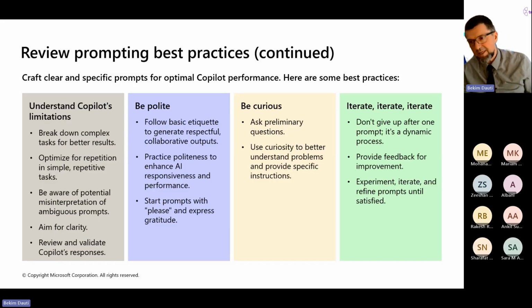So that is something we should understand: Copilot's limitations from the perspective of the features, but also from the perspective of the data. For instance, in some instances, it couldn't find some of the data I was looking for. Why? Just because that data did not exist.